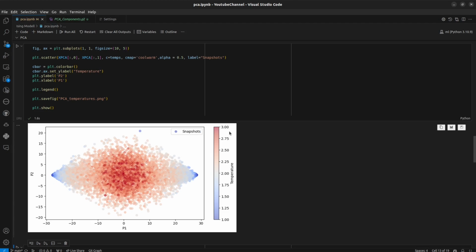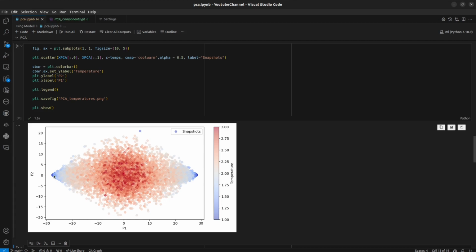Yeah, if you have a look at the color bar on these 2 poles, we have mostly cold configurations, and in the middle we have the hot configurations, which, if you think about it, makes total sense. Of course, for the Ising model, we expect that for cold temperatures we're in the ordered phase, so either all spins up or all spins down.